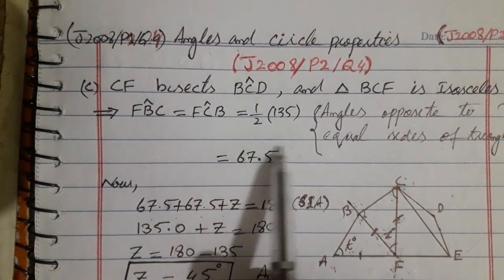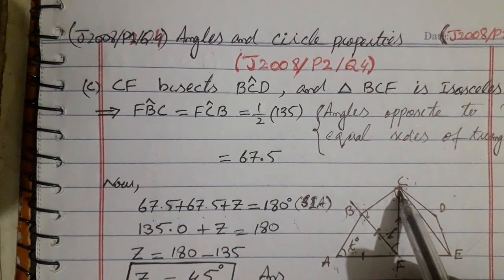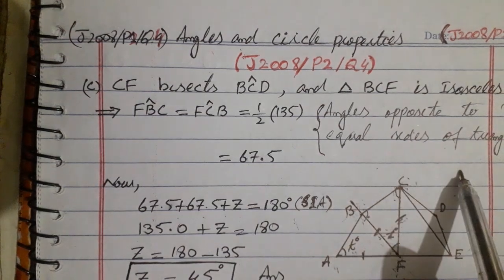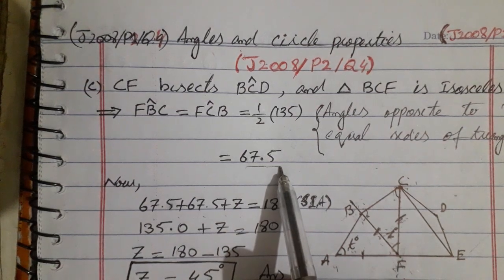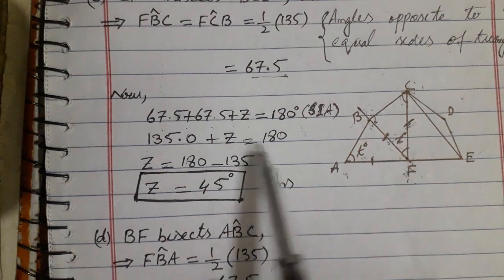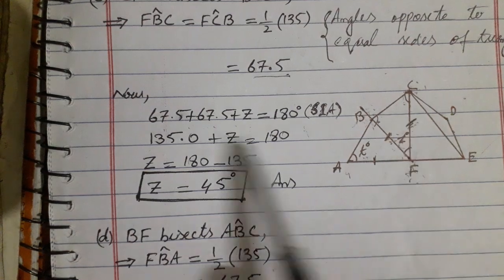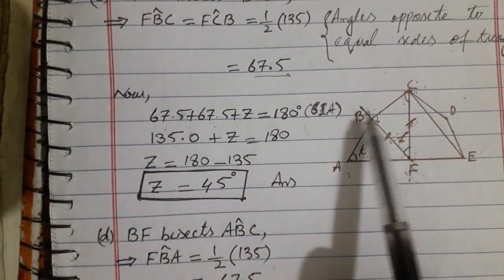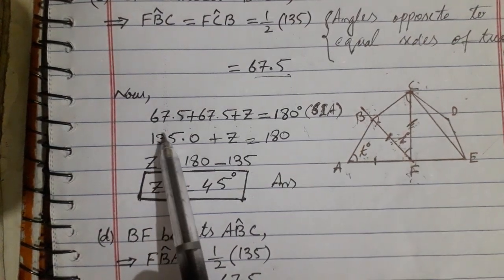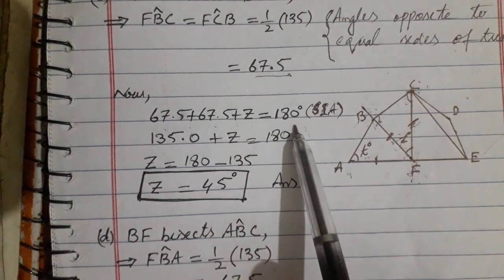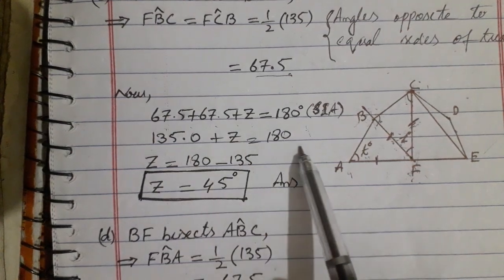Angle FBC is equal to angle FCB is equal to 1 by 2 into 135, angles opposite to equal sides of a triangle. 135 divided by 2 gives 67.5 degrees. Now we use the sum of interior angles of a triangle, which is 180 degrees. 67.5 plus 67.5 plus Z is equal to 180. 135 plus Z is equal to 180.